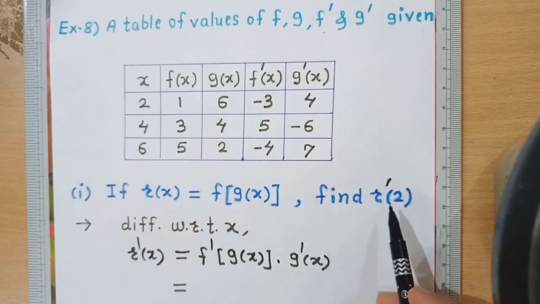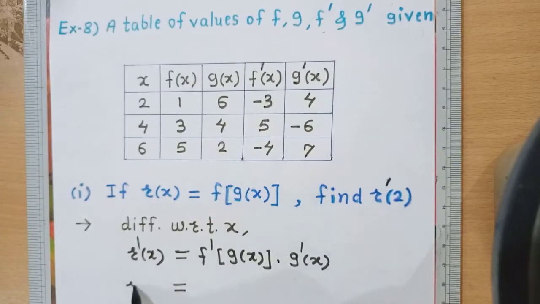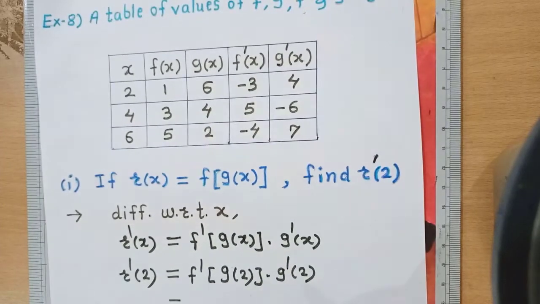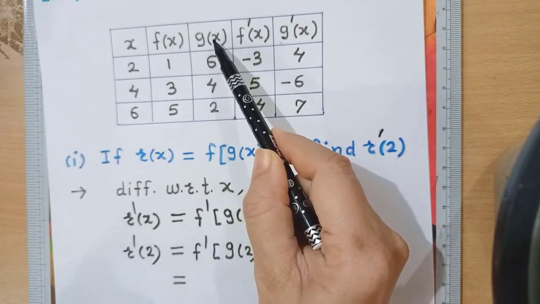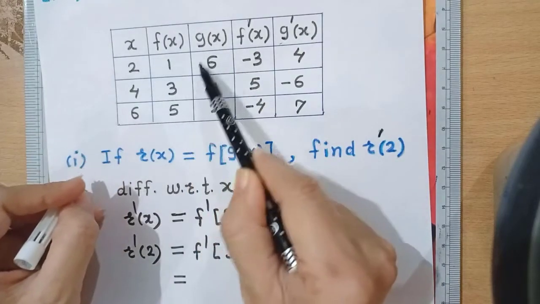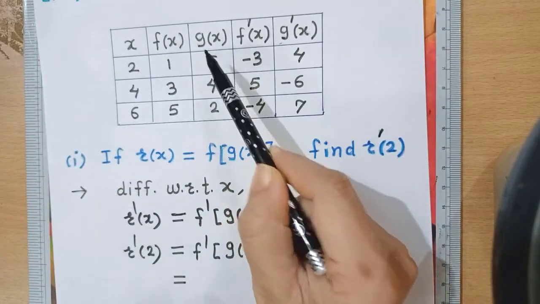Now in the next step again we want r dash of 2, so we will replace x by 2, here f dash, g of 2, and here g dash of 2. Now find out values from this table. We have g of 2, this is g column, and 2, so this value is 6.